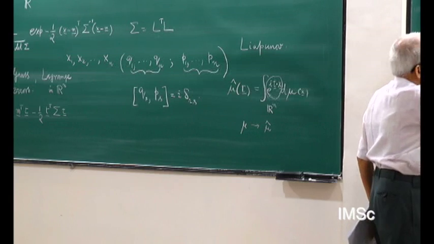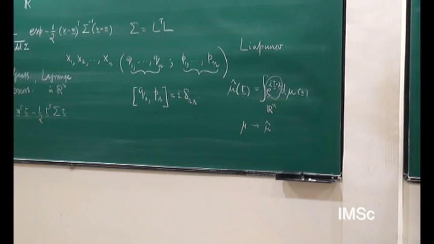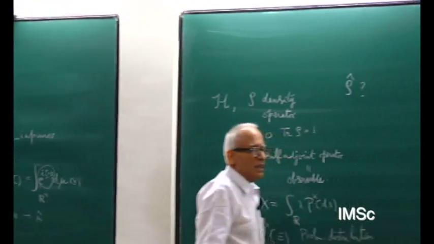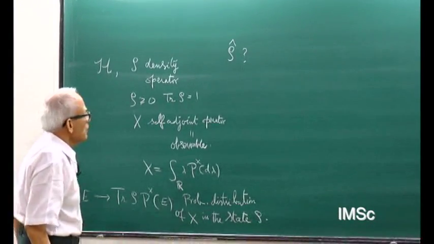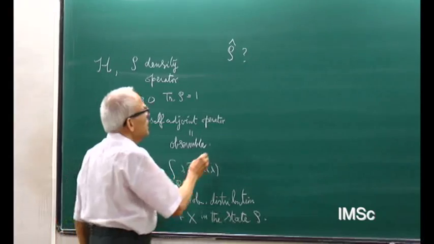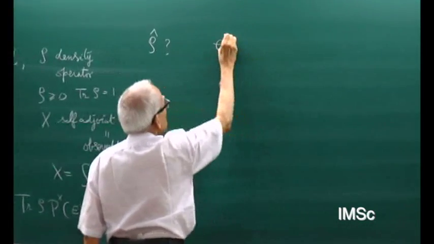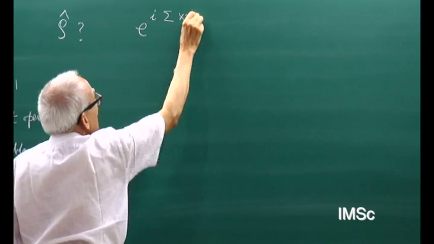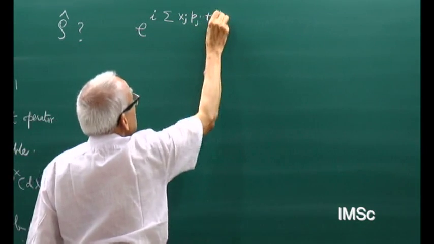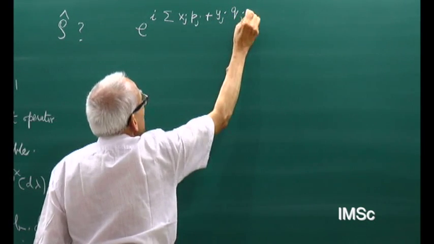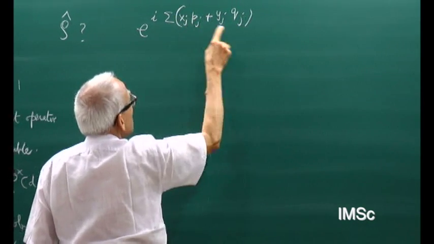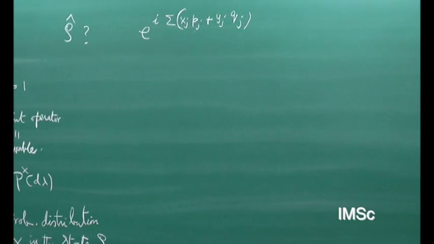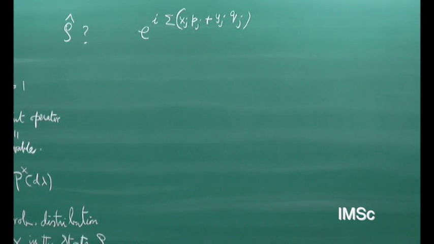So if I have a state rho, what is meant by Fourier transform? Roughly speaking, if I imitate this, I should consider operators of the form e to the power i sigma x_j p_j plus y_j q_j, where these are the CCR variables. When this setup holds, one says the canonical commutation relations hold, so that is called CCR.